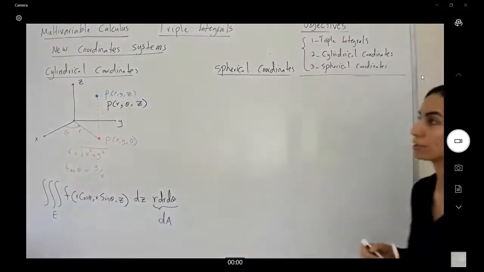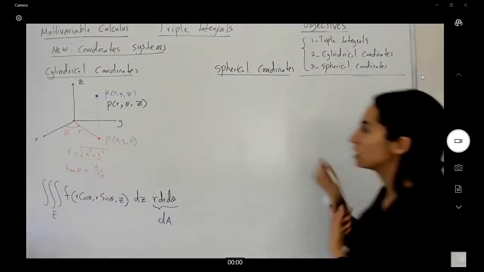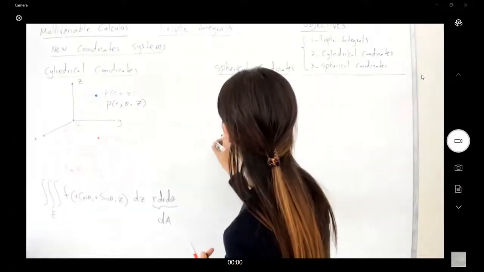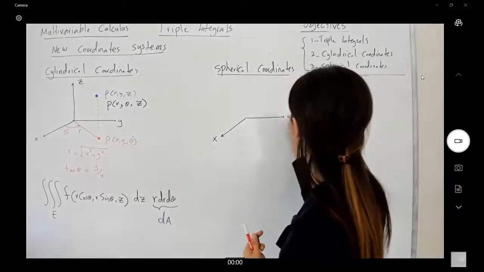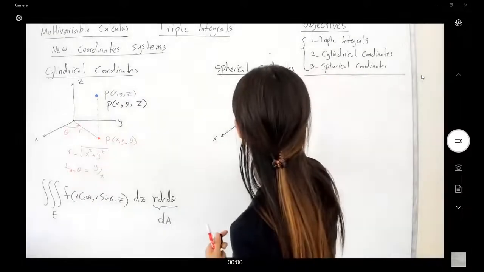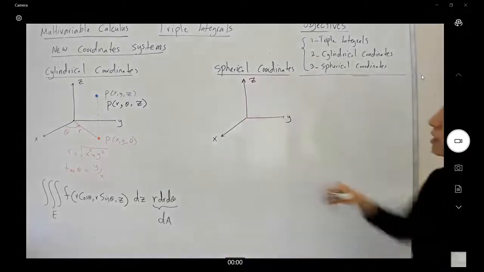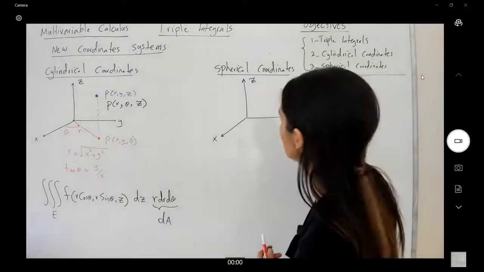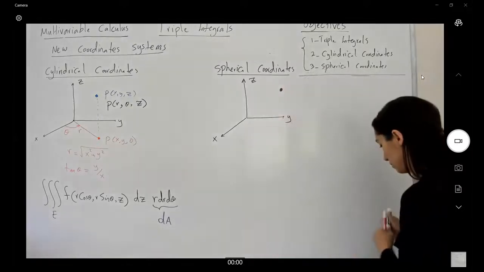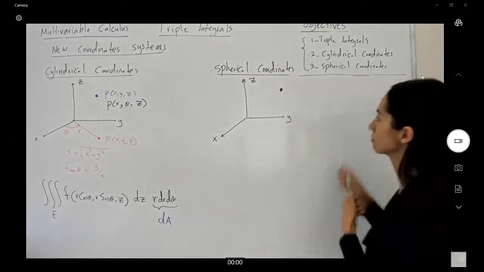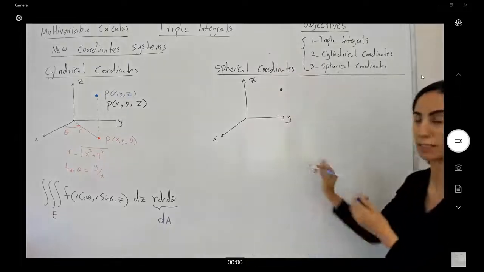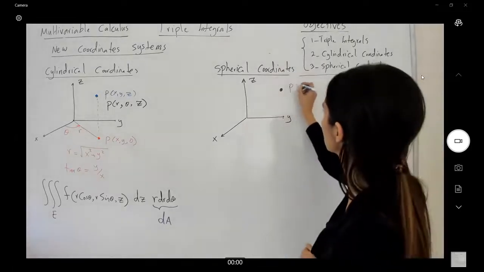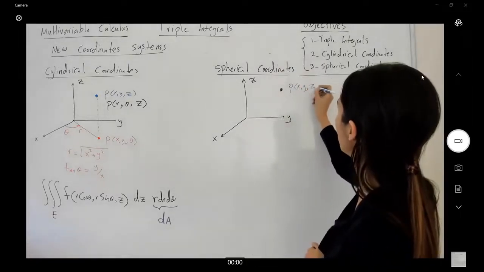For spherical coordinates, it's the same process. We say that we have a point in X, Y, and Z space. So here you have your point P, with coordinates x, y, and z.